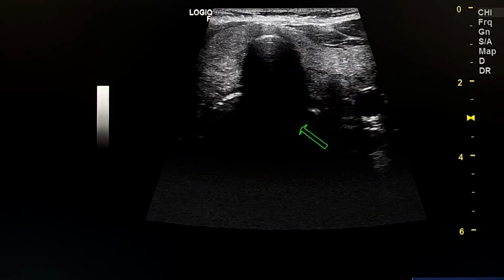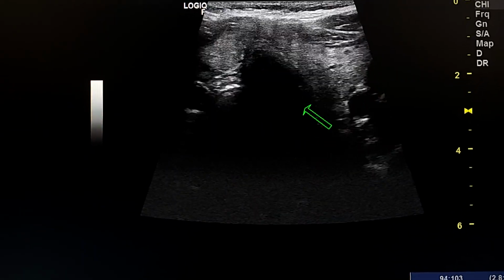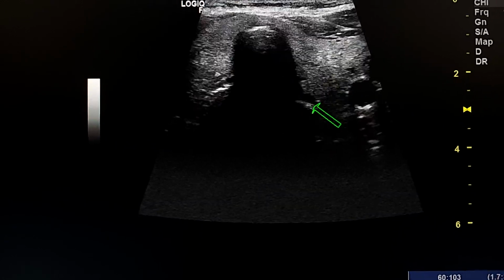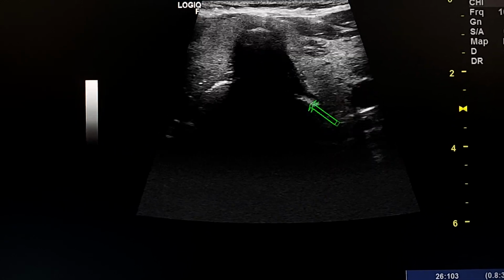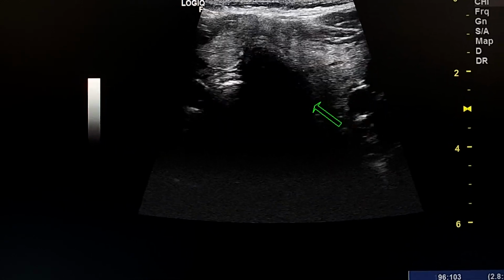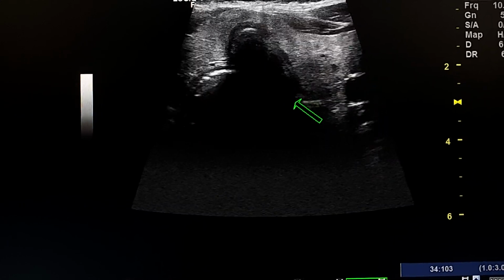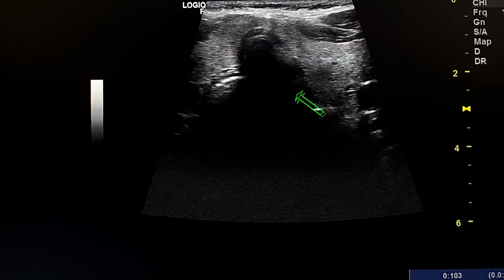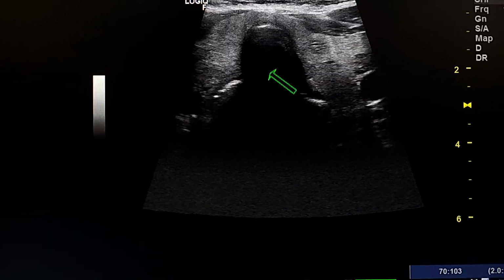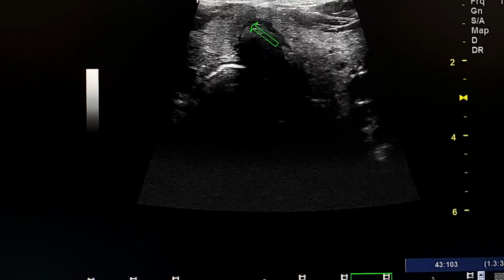In this transverse section at the midline we see the esophagus here posterior to the right and left lobe. Here is the acoustic shadow of the trachea.